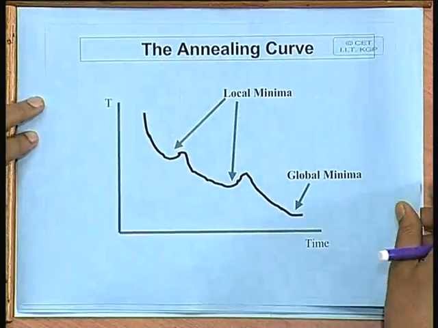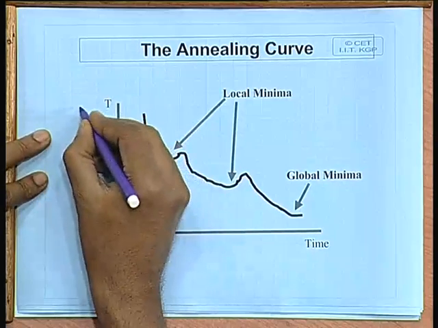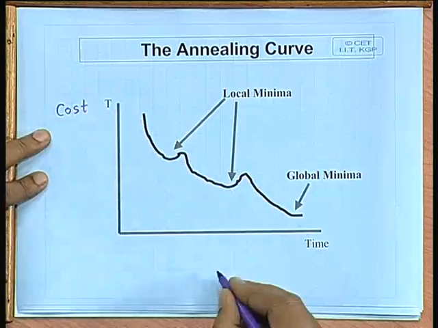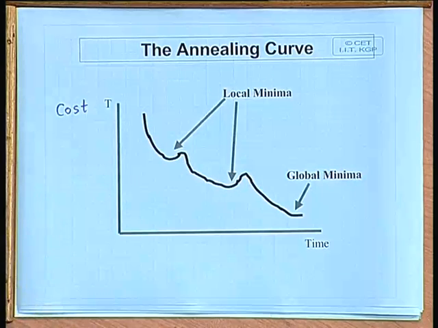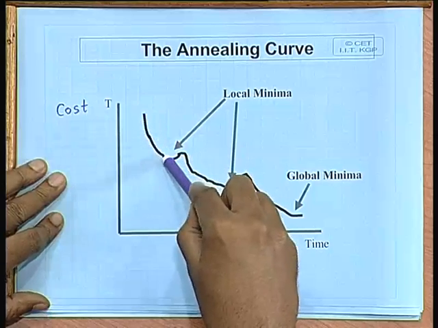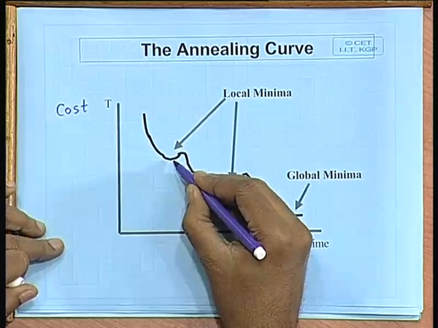In terms of the annealing curve, with respect to the partition, you can call this axis the cost and this axis the time. So, we normally go from a higher cost to a lower cost, but sometimes we can accept a move with a worse solution.